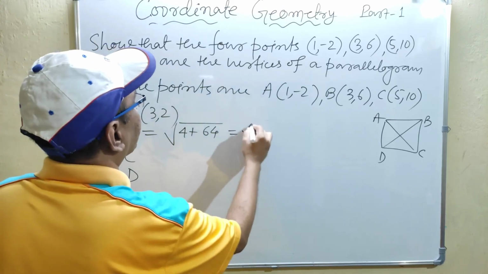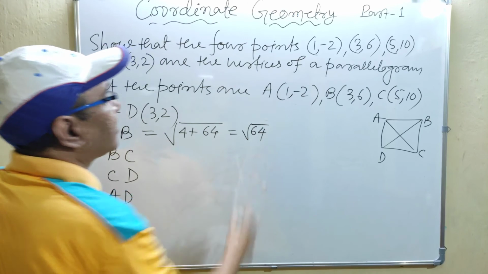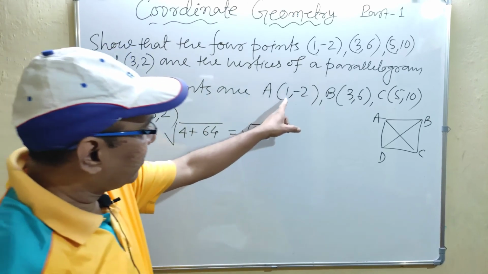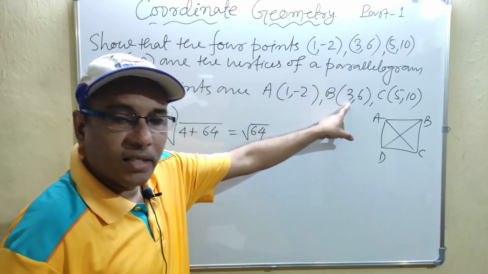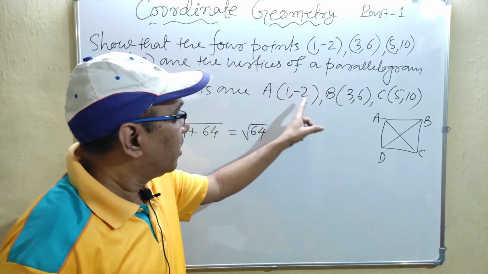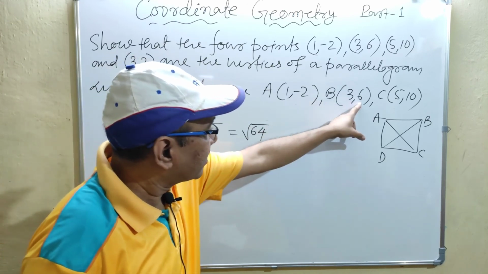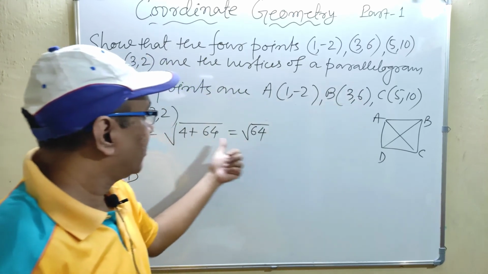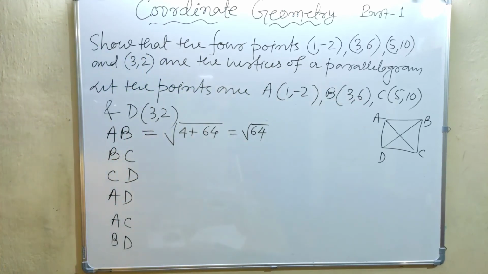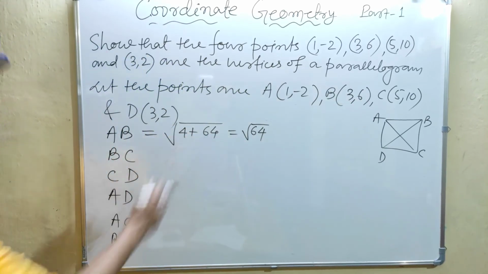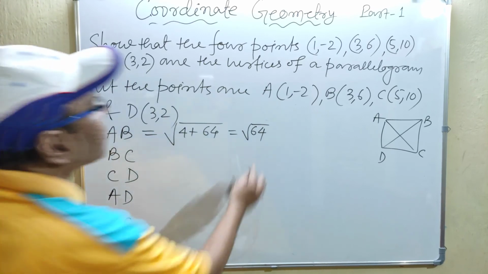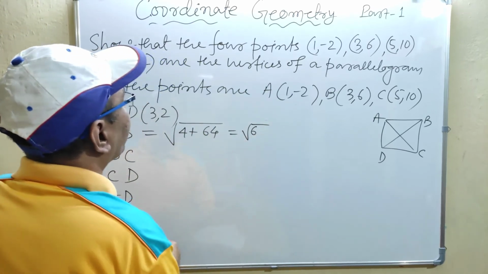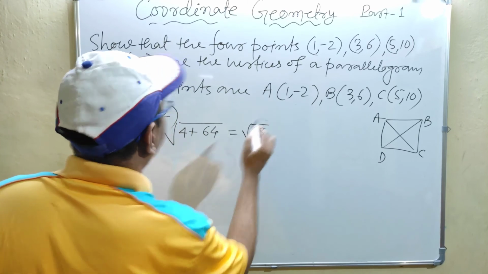Take the difference of the x coordinates directly: 1 minus 3 is minus 2, its square is 4, and minus 2 minus 6 is minus 8, its square is 64. So 64 and 4 make 68. Okay, this will be root 68.